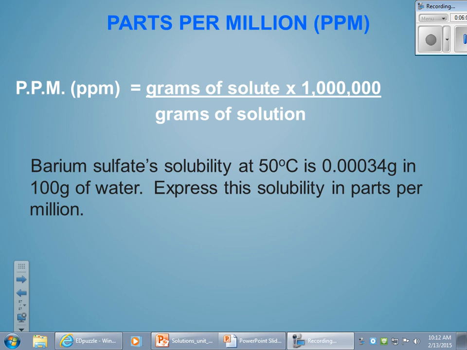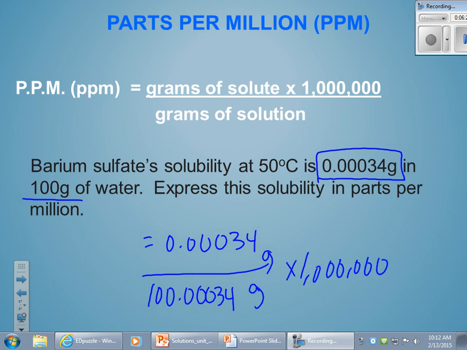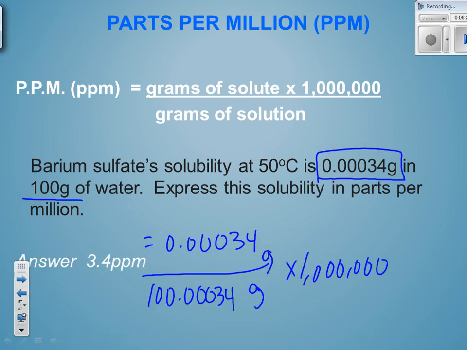So we have 0.00034 divided by the grams of solution. Well, the solution is the solute and the solvent. So 100 grams of water plus the 0.00034. And then we're going to times it by a million. And plug that into your calculator. You should get 3.4, and the unit for parts per million we're going to represent as ppm.